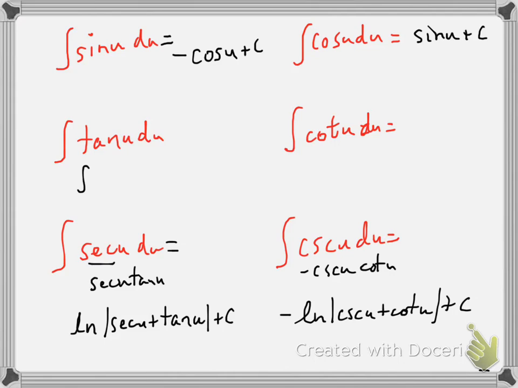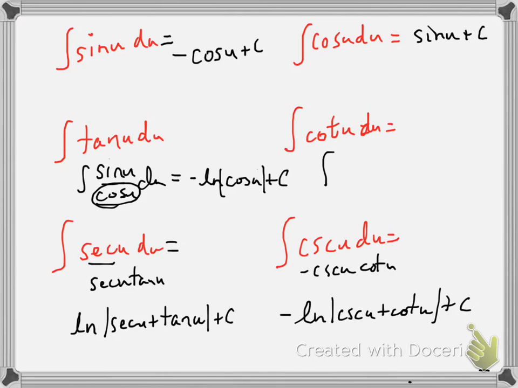Tangent could be written as sine over cosine. And we want u prime over u. Well, that's really close to being u prime. U prime would be positive sine. That's not a positive sine, it's a negative sine. So negative natural log of cosine, because the u is always the denominator.